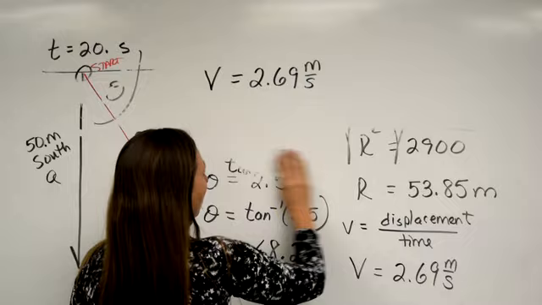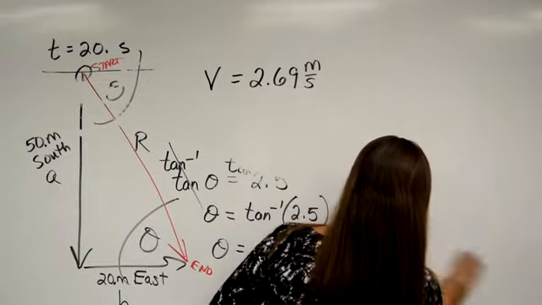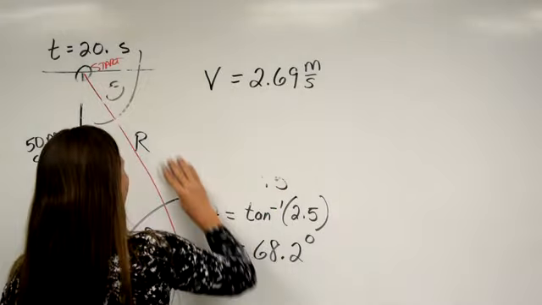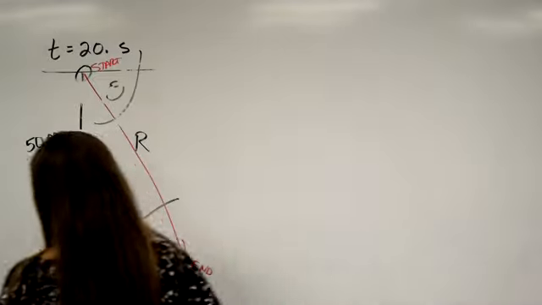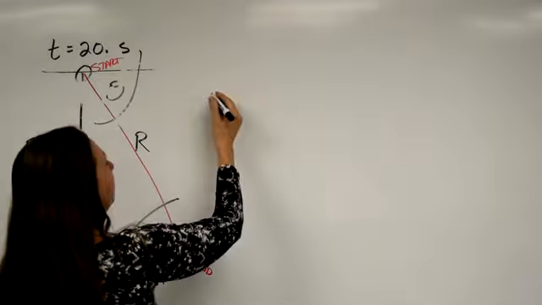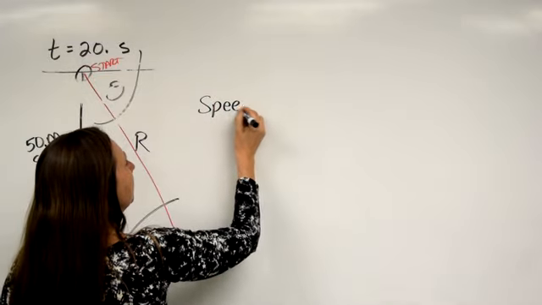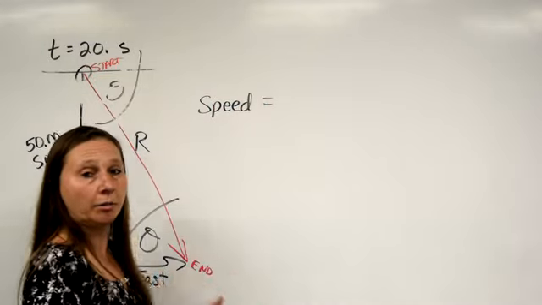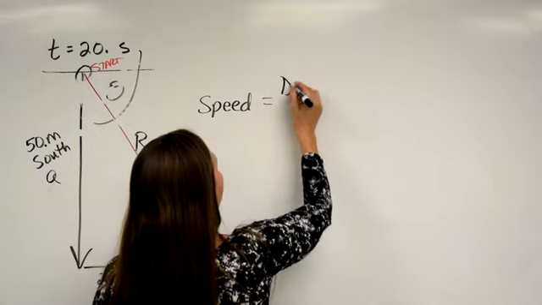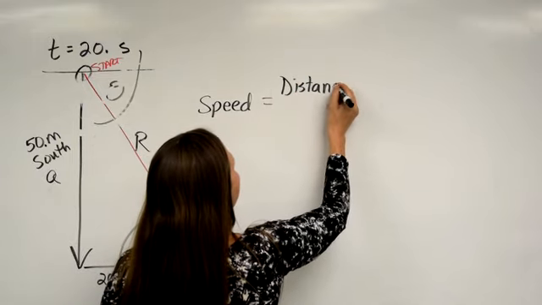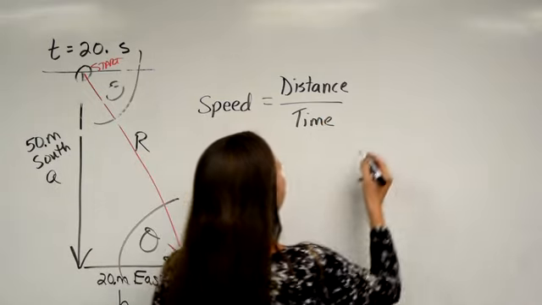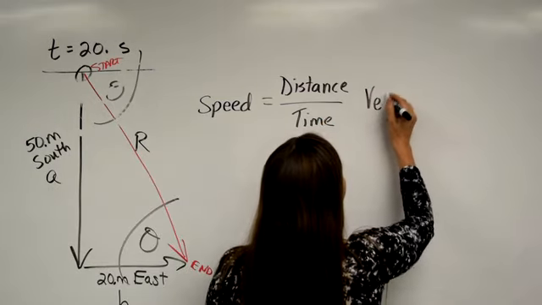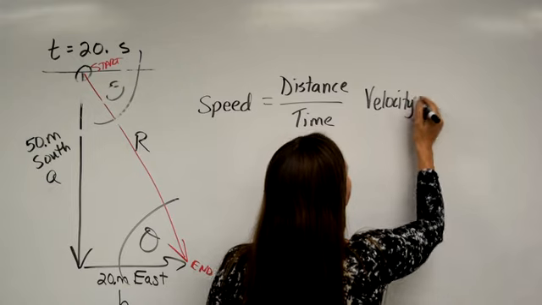So, the main thing that you want to remember about the difference between speed and velocity. Speed is a scalar. We don't care about direction. It's calculated by figuring out the distance covered and dividing it by the time. Velocity, on the other hand, is a vector.